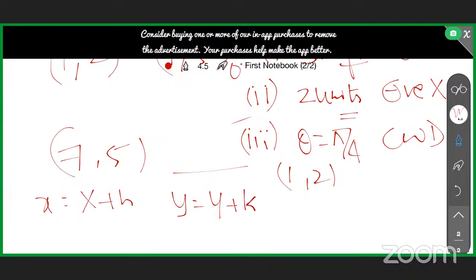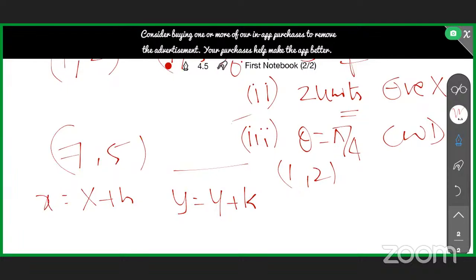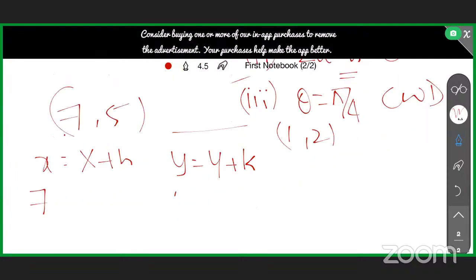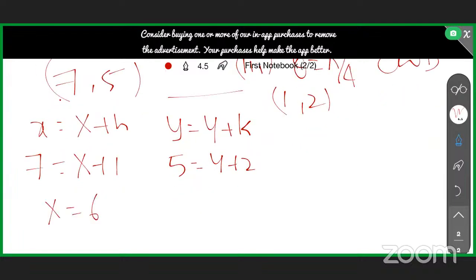My old point is 7, 5, the new one I don't know, but my h value is equal to 1. My k value is equal to 2. Therefore, capital X is equal to 6. Capital Y is equal to 3. That means my 7, 5 is becoming 6, 3.